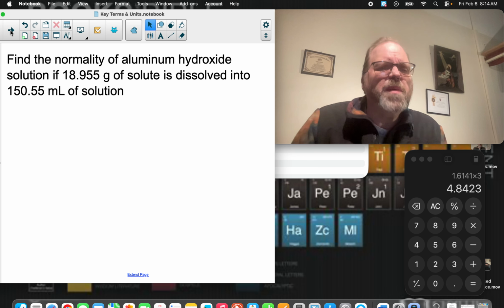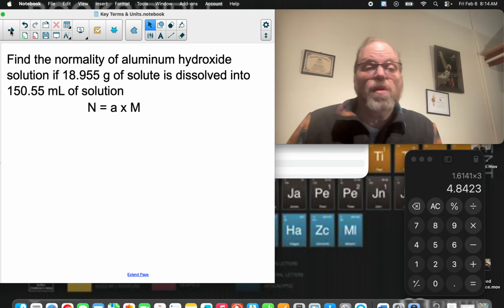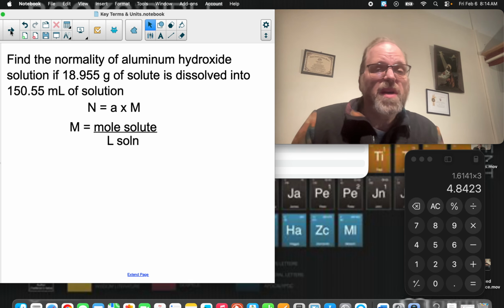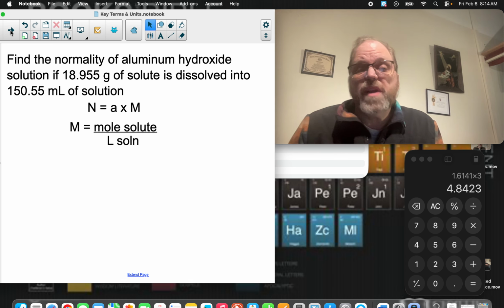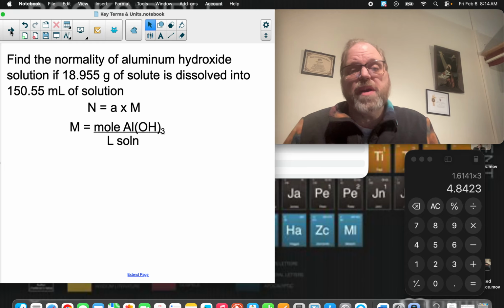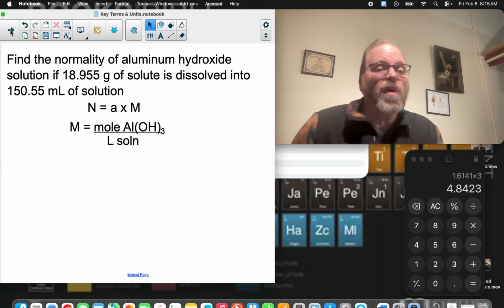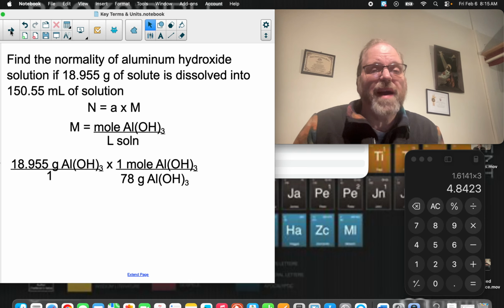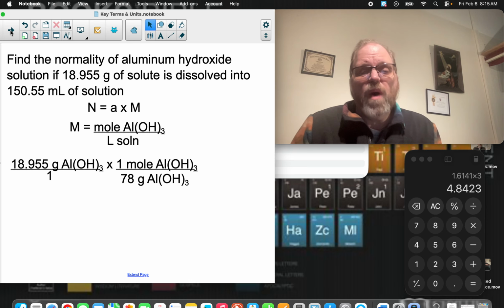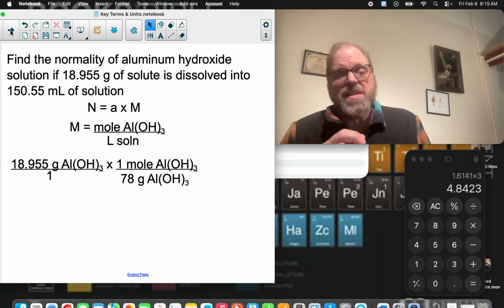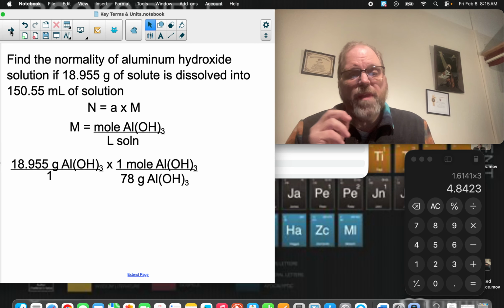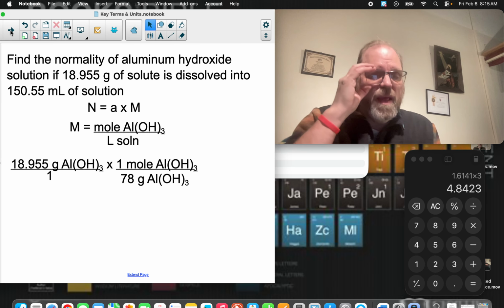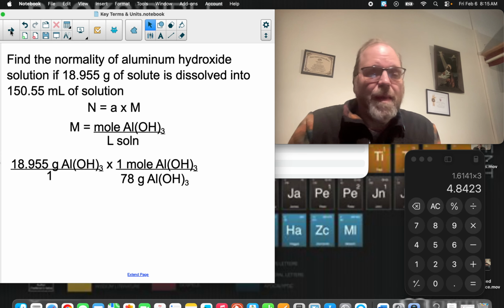So normality, we said, was A times molarity. So we've got to find the molarity first. So molarity, again, is moles of solute over liter of solution. And my solute here is aluminum hydroxide, Al(OH)3, which we said, that's the grams, 18.955 grams over 1. We're going to take 27, 16 times 3 is 48, 3, 48, and we end up with 78, and multiply through.